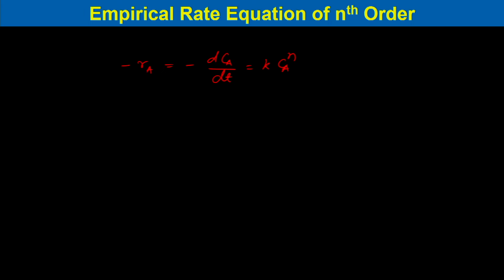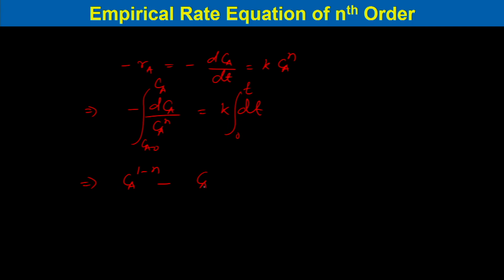Now, if we integrate after separation of the variables, we can write minus dC_A by C_A to the power n is equal to k dt, and then if we integrate with the initial and boundary conditions, C_A0 to C_A and 0 to t, we will obtain C_A to the power 1 minus n minus C_A0 to the power 1 minus n, which is equal to n minus 1 into kt, and this is valid when n is not equal to 1.